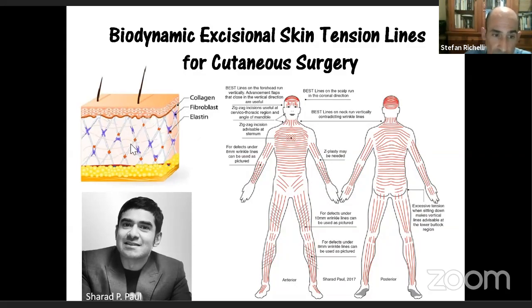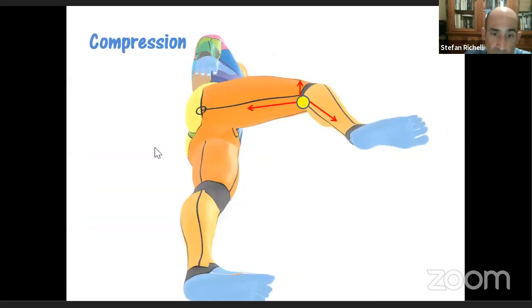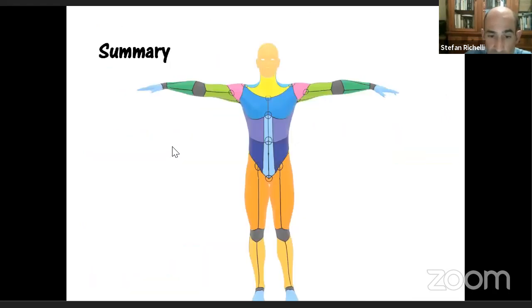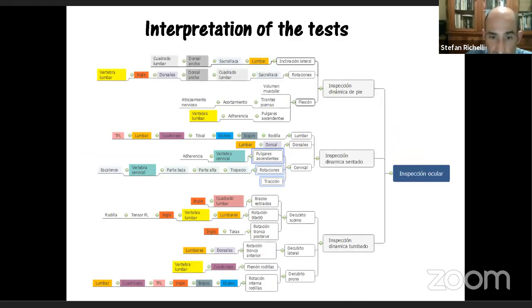So many of these collagen fibers can be relaxed in one position and then stretched in another position. So we have to treat them when they are under tension, not when they are relaxed, because if they are not under tension, we don't have an influence, or we can produce changes in its configuration inside the tissue.